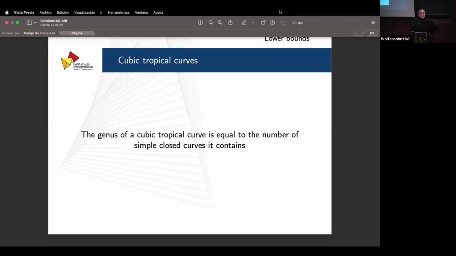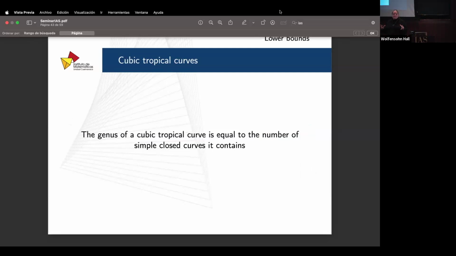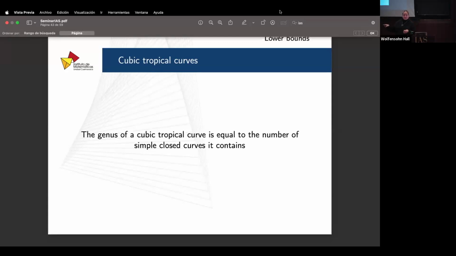Yes? But the upper bound, can you say a word about how you prove that these numbers are fine? It's again with the projections. I mean, the main difference between the algebraic case and the tropical case is the projection you can use. In TP^n, you have only n+1 linear directions to project.